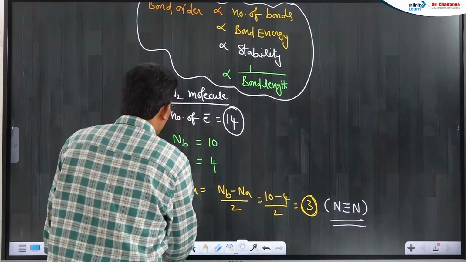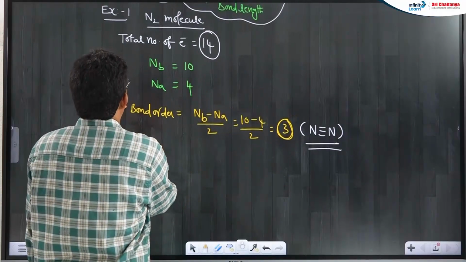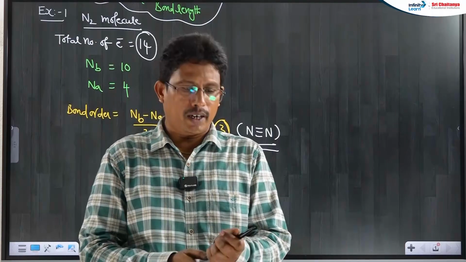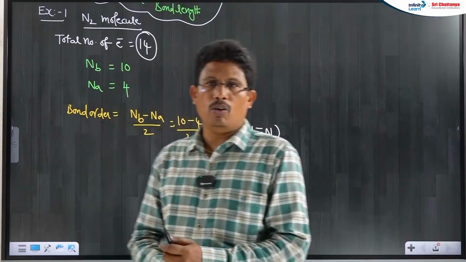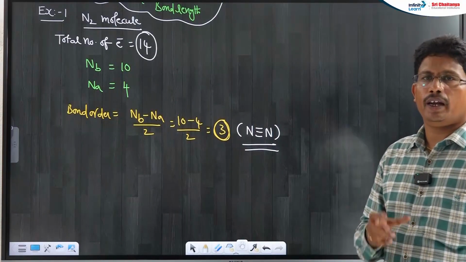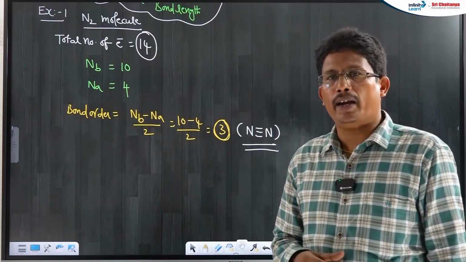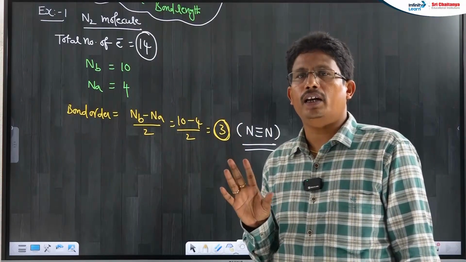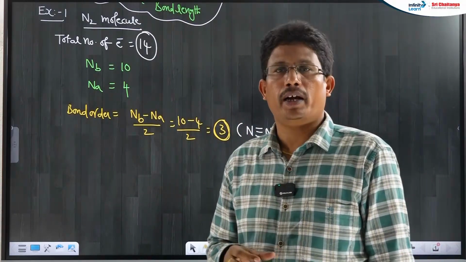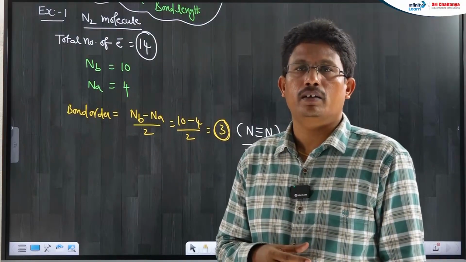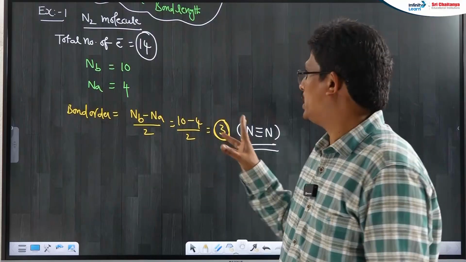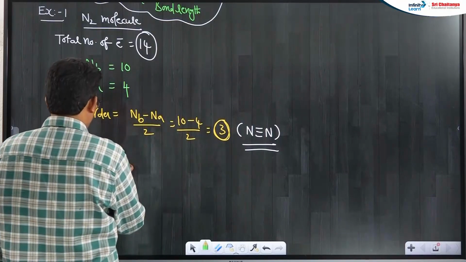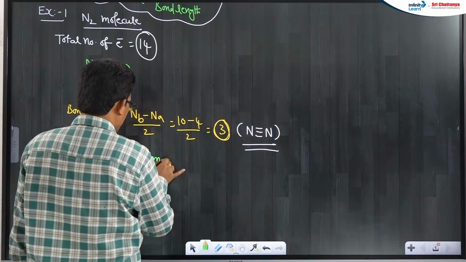After finding bond order, if you observe the electronic configuration of N2, in N2 configuration, no unpaired electron. That's why N2 molecule is said to be diamagnetic in nature. In given electronic configuration, if unpaired electrons are present, it is paramagnetic, attracted towards magnetic field. In N2 configuration, no unpaired electron, that's why N2 is diamagnetic.